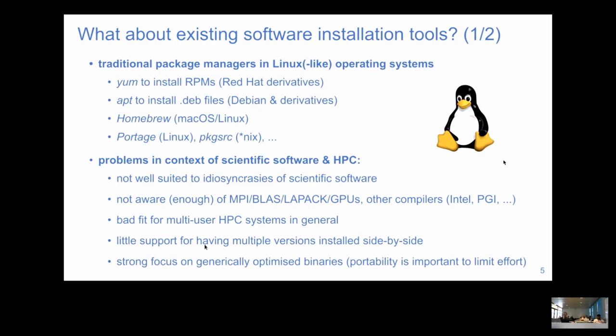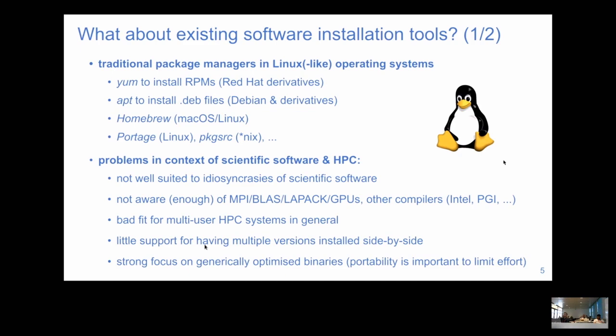They don't really have very good support for scientific software for a number of reasons. A couple of things here are that they don't know enough or don't care enough about things like MPI and BLAS and LAPACK, GPUs, and don't really care about other compilers than GCC or more recently Clang. So Intel compilers or PGI compilers, they barely know about at all.